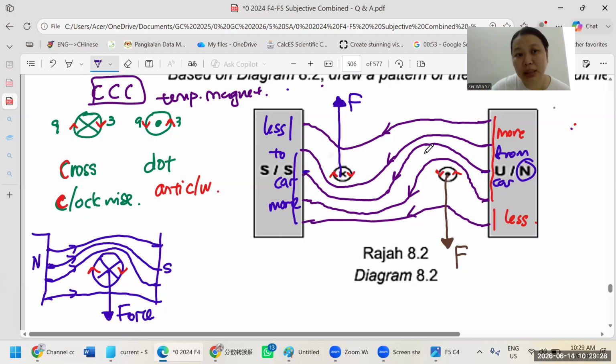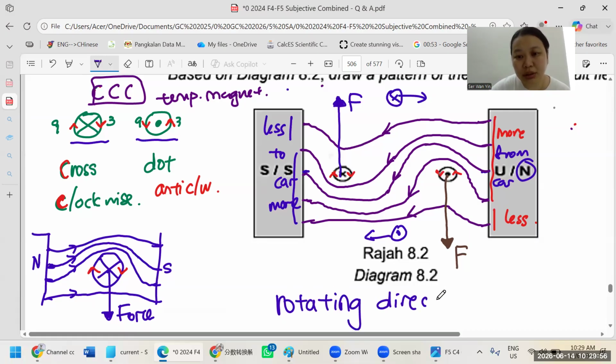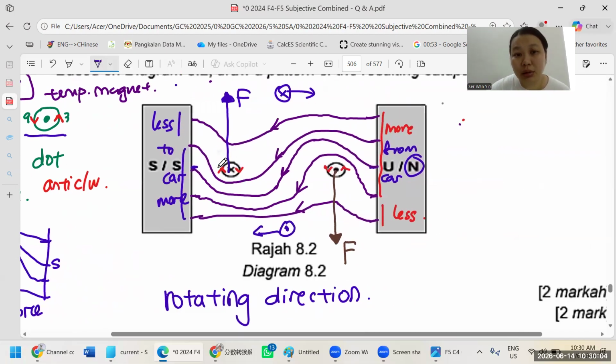So just now I said we have 3 clocks. 1 is CCC, 2 also CCC. The 3rd is what? The 3rd is the rotating. Since this one moved down already, later it will be here. This one moves up like that. Then they continue to move. So the rotating direction: you can make a conclusion that you put the F up, you put the F down.